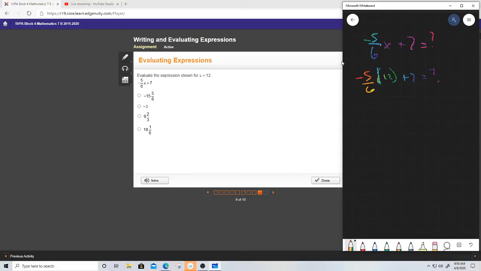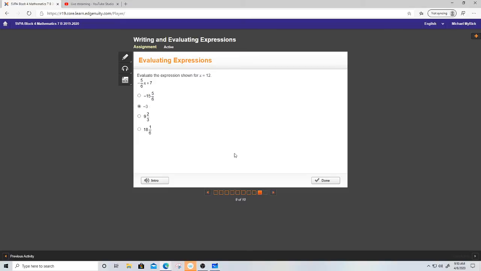And then what do you see right here? Right, negative 5 times 2. See that? 12 divided by 6 is 2. Plus 7. Negative 5 times 2 is negative 10. Plus 7. Negative 10 plus 7 is 3. I like this. It's the only one that looks weird. You'd be like, I don't even, that's not the answer. It looks weird.